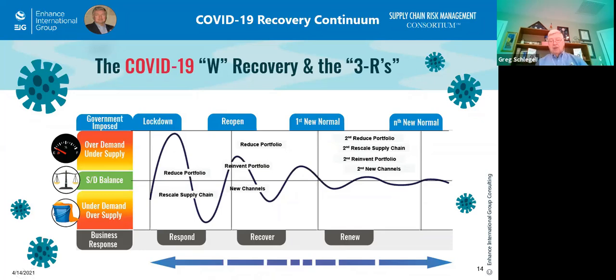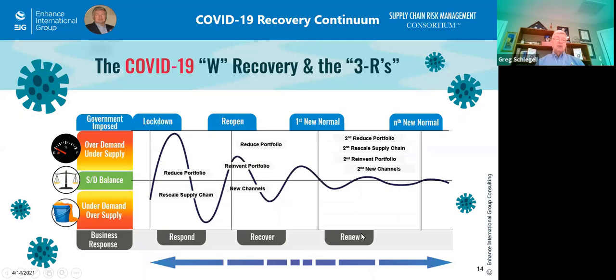And on the bottom left of the y-axis is an under-demand and oversupply dilemma that we're all wrestling with. And then finally, on the bottom x-axis, we have our perspective regarding the business responses to the artificial demand and supply shocks. So that gives you the grounding.